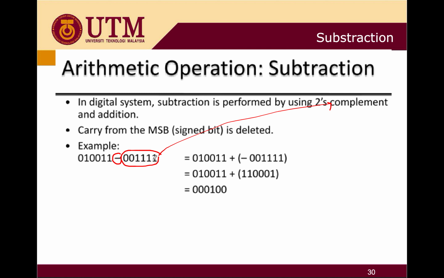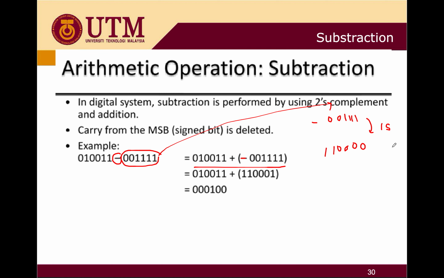So first, what you're going to do is like this step. This is negative 0, 0, 1, 1, 1, 1. I put it here, 0, 0, 1, 1, 1, 1, negative. You're going to find the first complement first. You will change it into 1, 1, 0, 0, 0, 0.